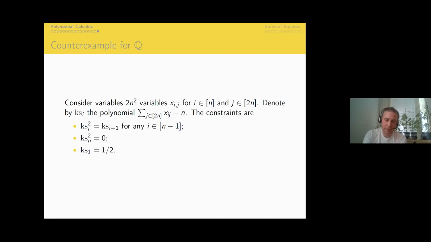Okay. And this is a slight modification of an example given by Raghavendra and Weitz.